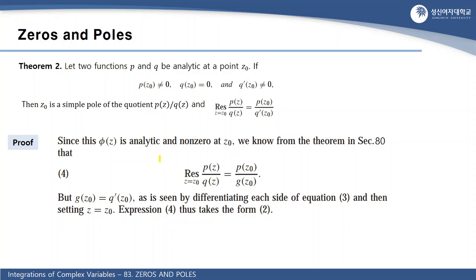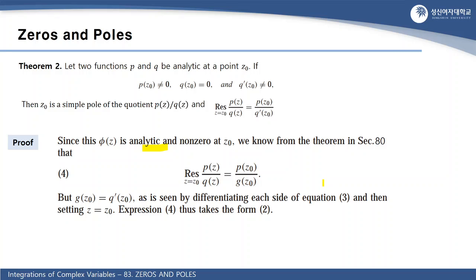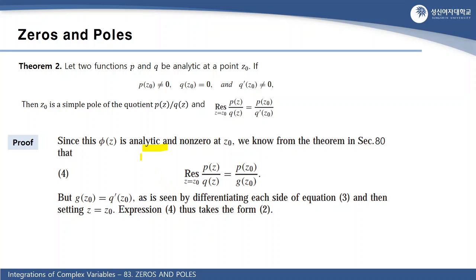Since pi of z is analytic and non-zero at z naught, we just evaluate this function at z naught. P of z naught is not equal to 0, so the numerator is not equal to 0. And pi of z consists of two functions P and g which are analytic at a point z naught. So pi of z is analytic at z naught.